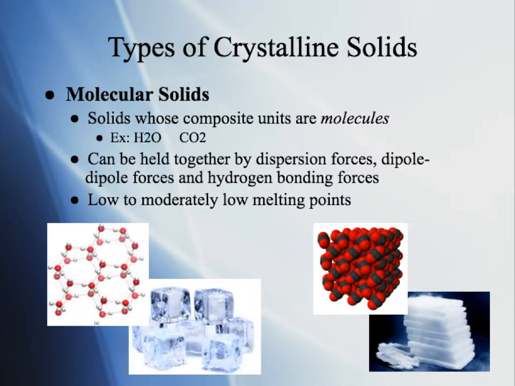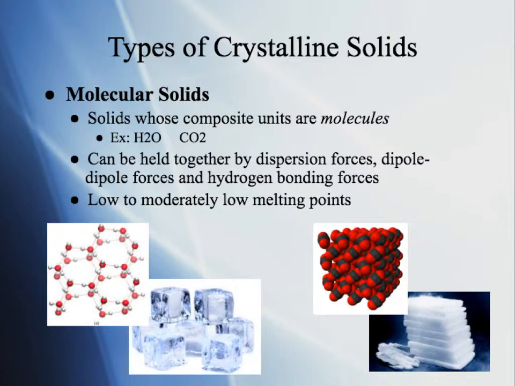All right, so the last section of our notes is all about solids, and crystal solids, for example. There are several types of solids that form this crystalline type structure. The first one we're going to talk about is molecular solids. These are solids whose composite units are molecules, so they're going to be covalent compounds, basically.